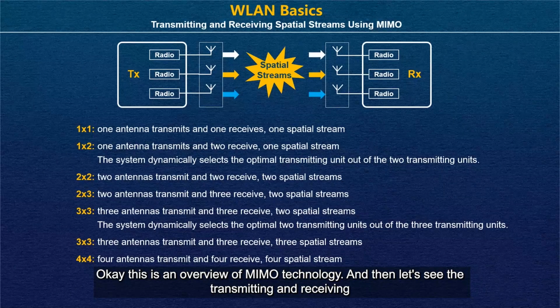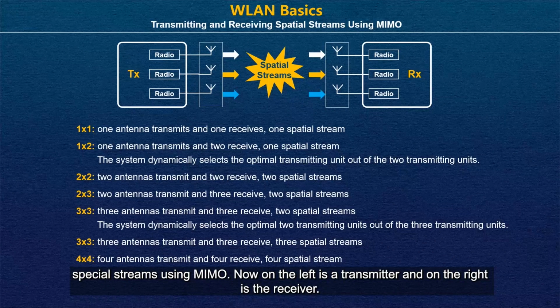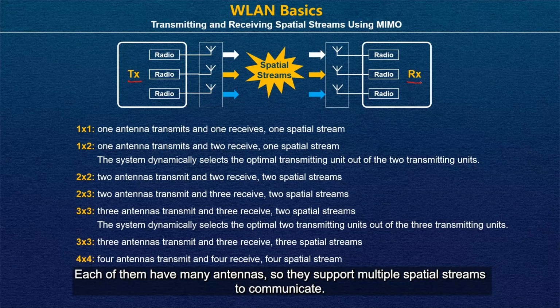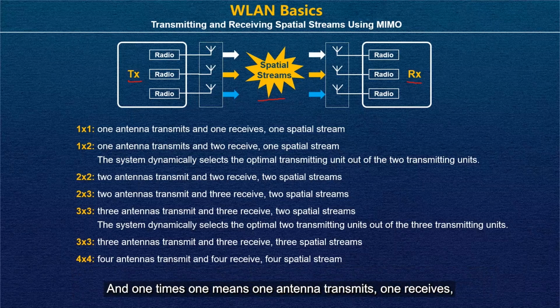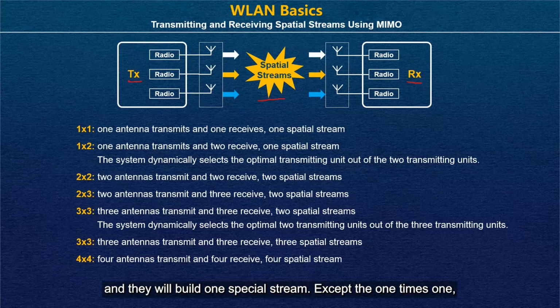And then let's see the transmitting and receiving spatial streams using MIMO. Now on the left is a transmitter, and on the right is a receiver. Each of them has many antennas, so they support multiple spatial streams to communicate. And 1 times 1 means one antenna transmits, one receives, and they will build one spatial stream.